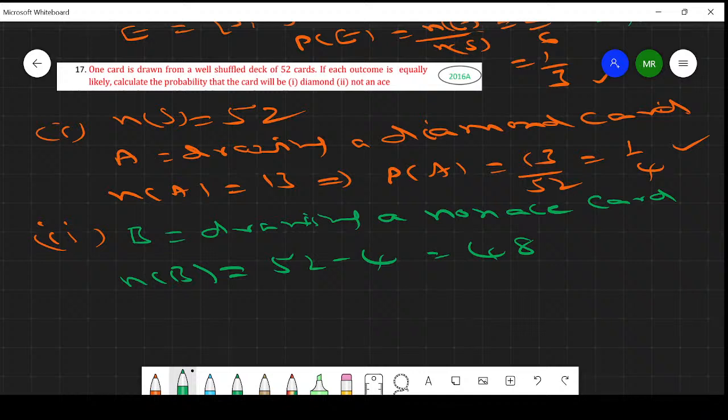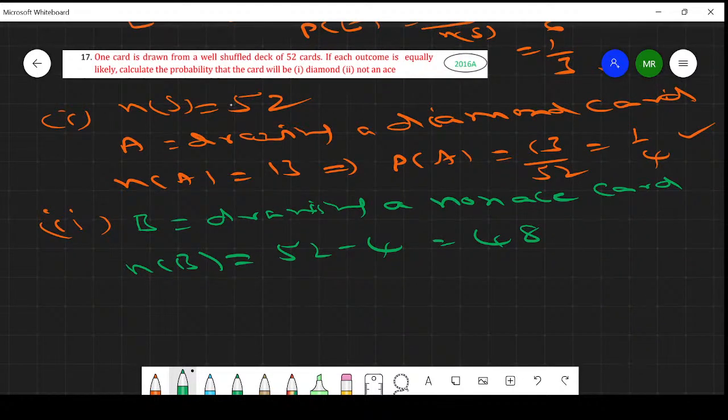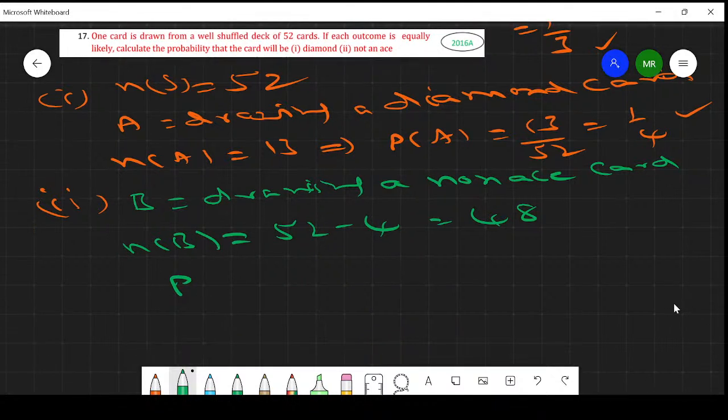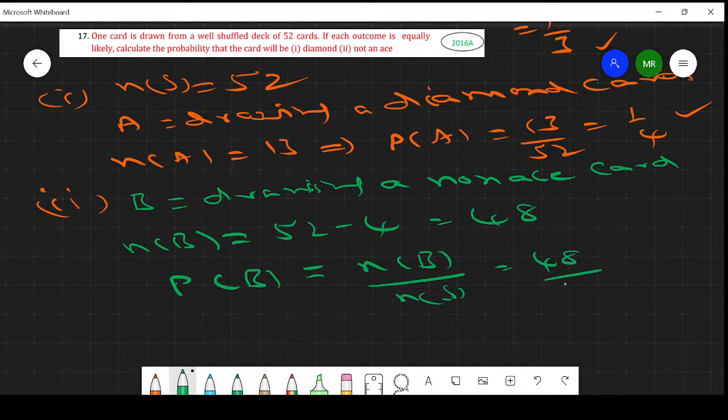So the probability of drawing a non-ace card, P of B, is n of B by n of S, which is 48 by 52.